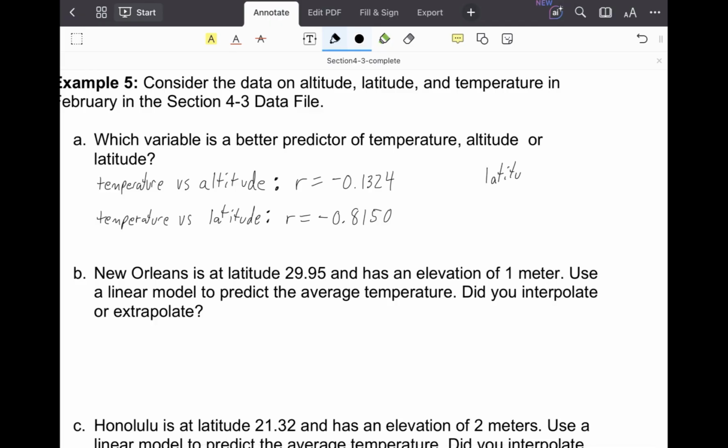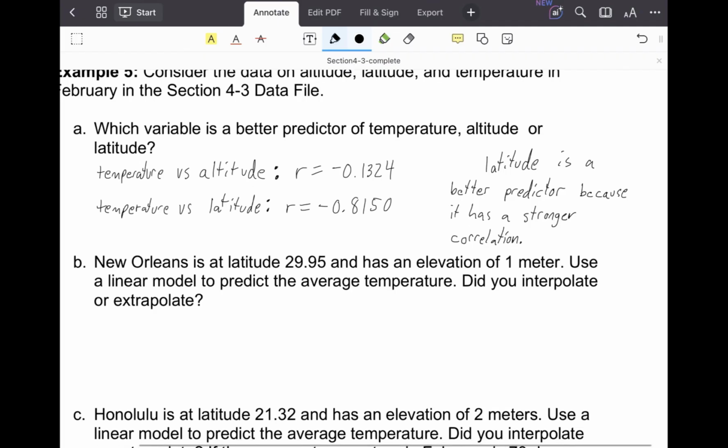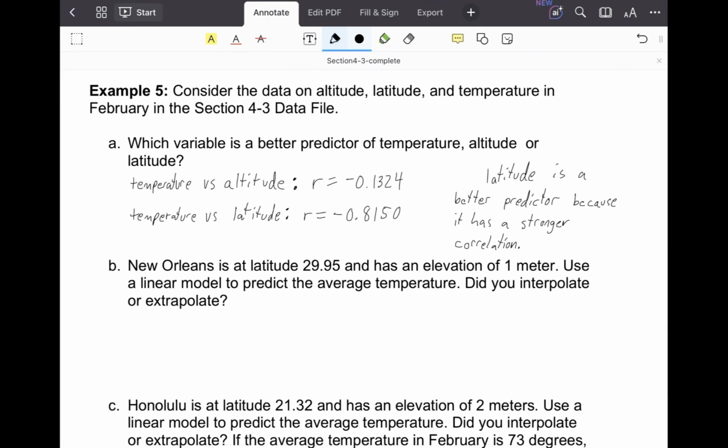Latitude is a better predictor because it has a stronger correlation. Okay. All right, so we've decided latitude is much better than the altitude.